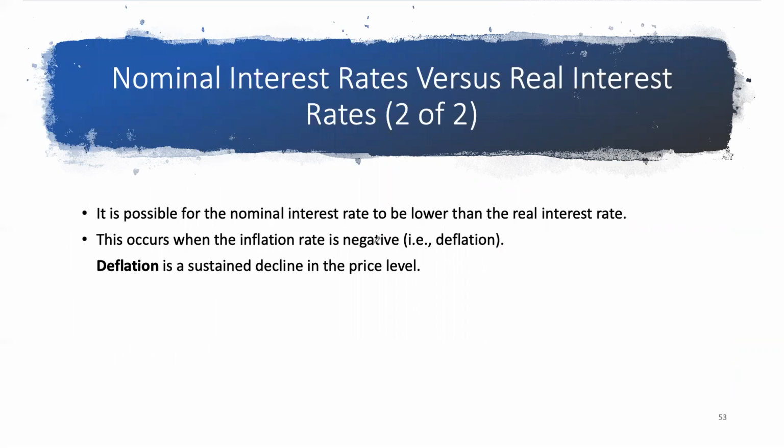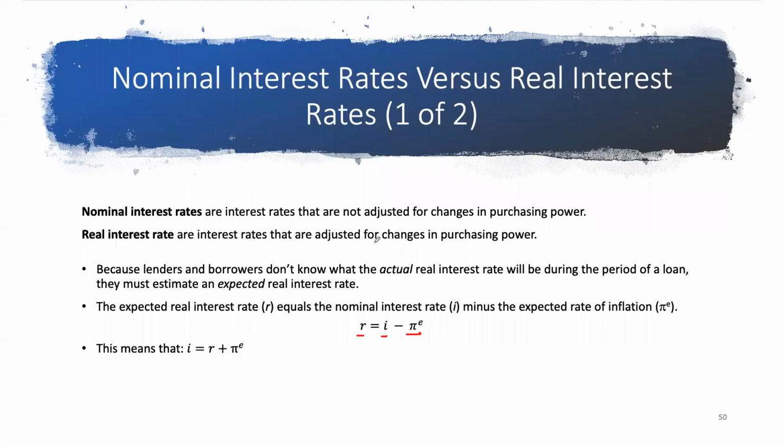So it's also possible for the nominal interest rate to be lower than the real interest rate. Generally speaking, the inflation rate is going to be positive. So if this pi is positive, then the real rate is always going to be lower than the nominal, because you're adjusting the nominal interest rate down by the magnitude of the expected inflation.